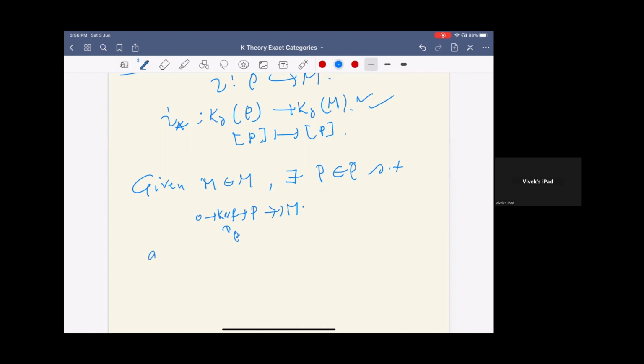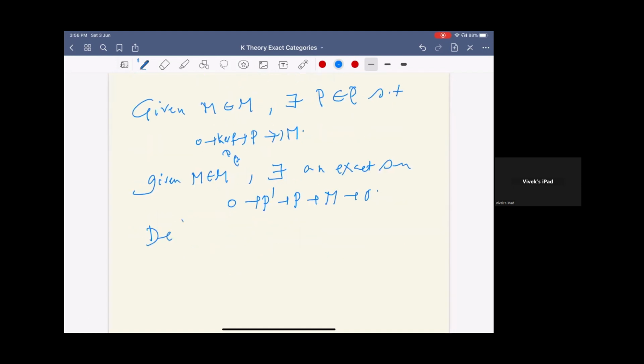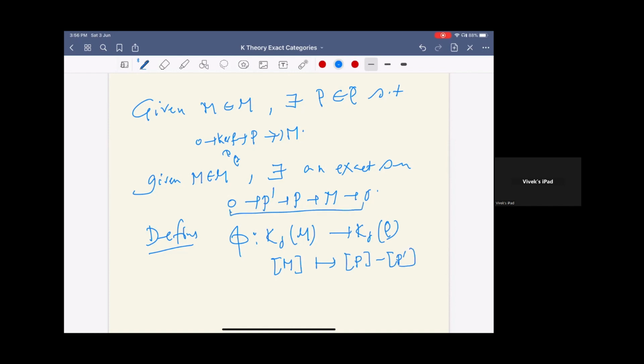So basically, given any M, there exists an exact sequence. So now define, sending any M to P minus P prime. Because given any M, you always have a short exact sequence by objects of rho, P prime and P. So you're just sending this thing.